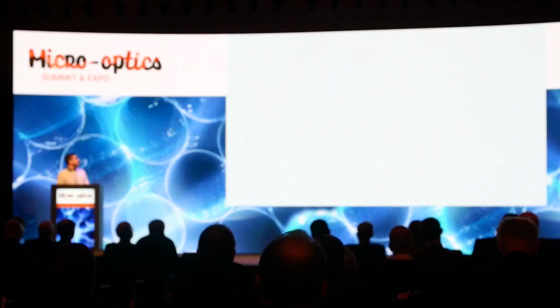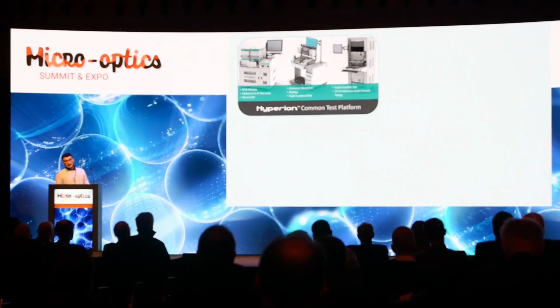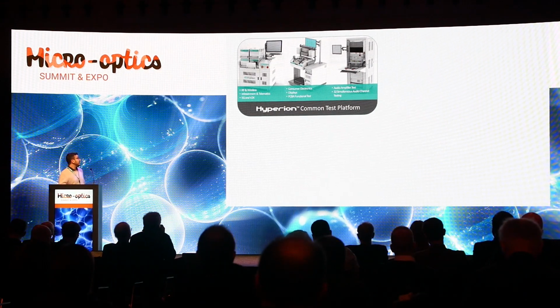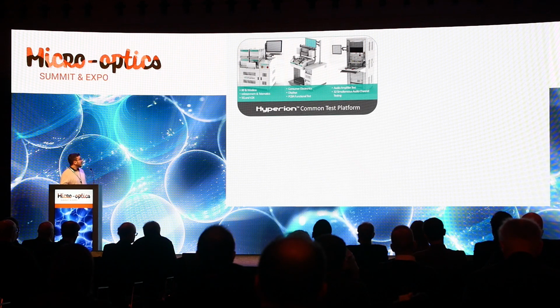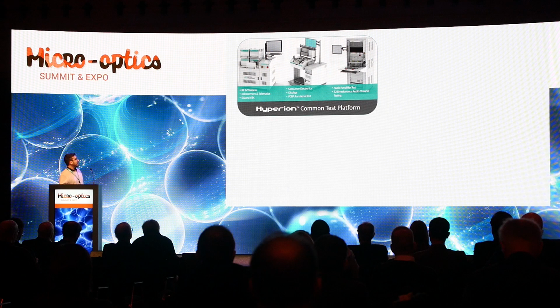What do we do at Alfamation? We have multiple platforms and test solutions. These are just some examples, starting from this Hyperion platform, which is really versatile, testing anything from antennas to infotainment systems and audio amplifiers.